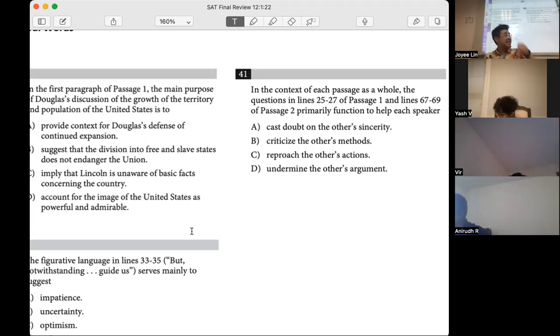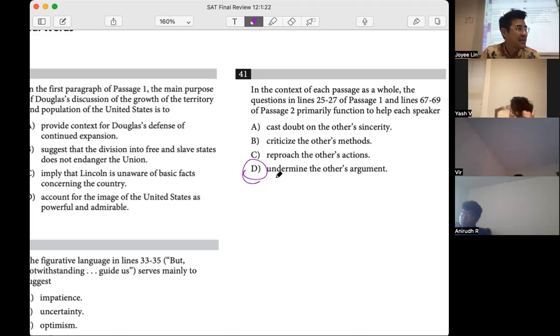It comes in as A, right? People read A, and think, that's good, I'm going to ignore all the other answers. Yes, so your answers must be 100% correct. We are not attacking their sincerity. We're not necessarily attacking their methods or their actions either, right? All of these kind of say the same thing. We're criticizing their argument.